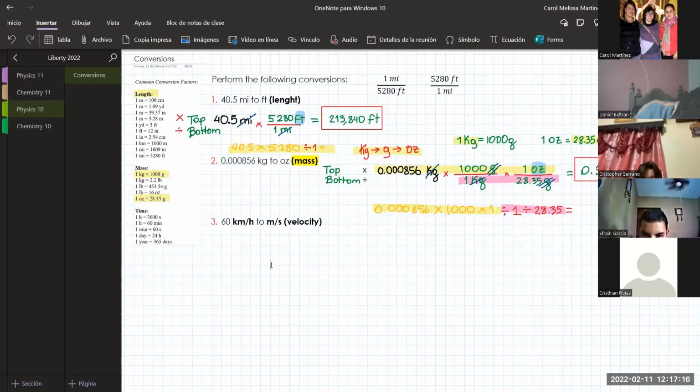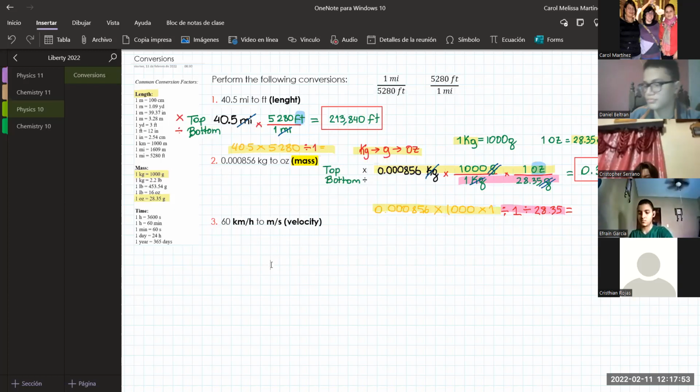Velocity is an example of a compound unit because to express velocity, you need to say units of length like meters or kilometers and units for time such as hours, seconds, minutes.